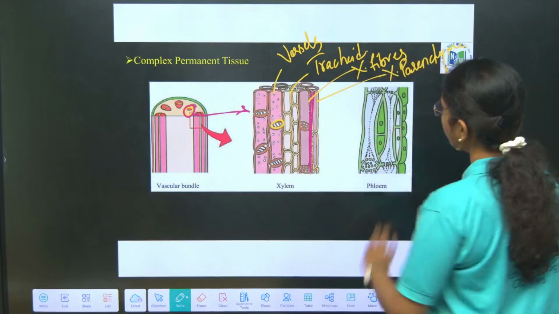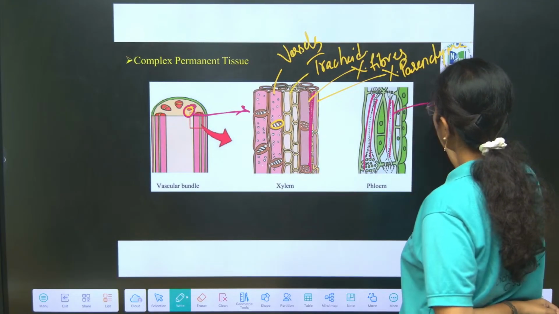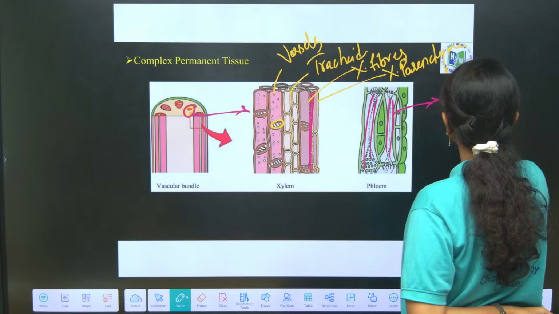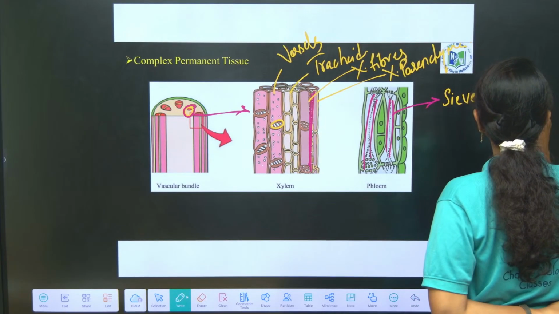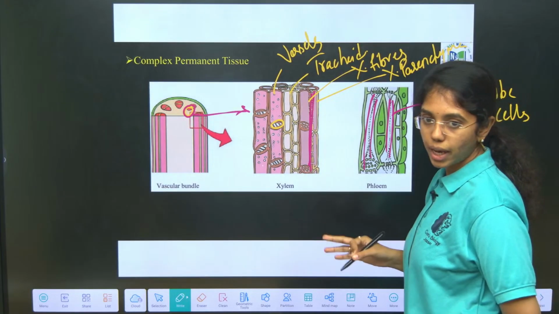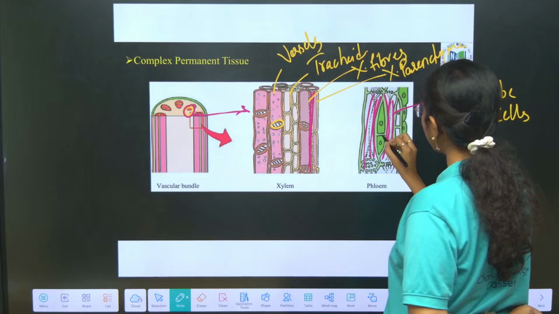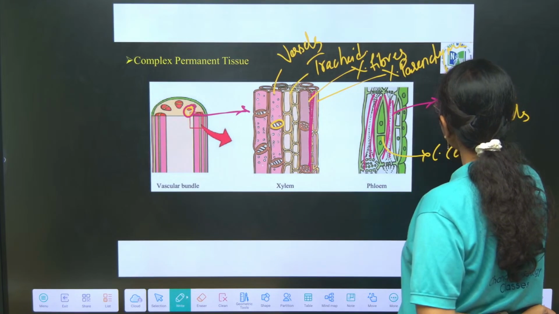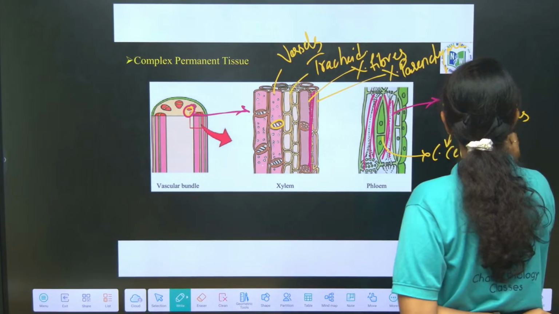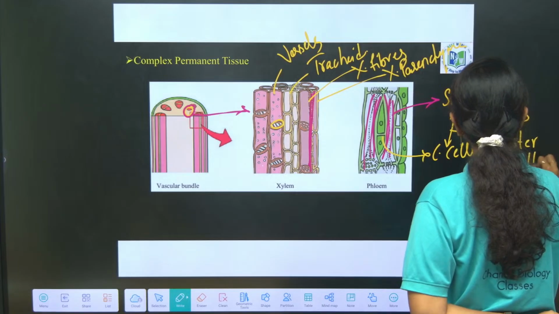Next, phloem. Here you can see these are the sieve tube cells. Sieve tube cells are enucleated, they do not have a nucleus. They are closely associated with what? Companion cells. Sieve tubes and companion cells are called sister cells because they are ontogenetically related.